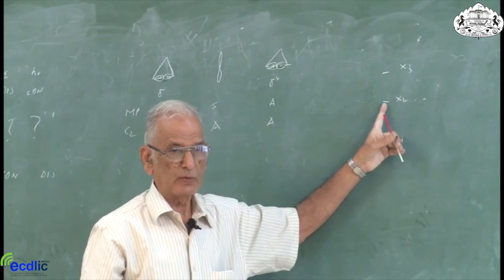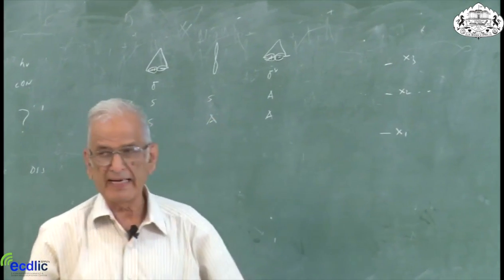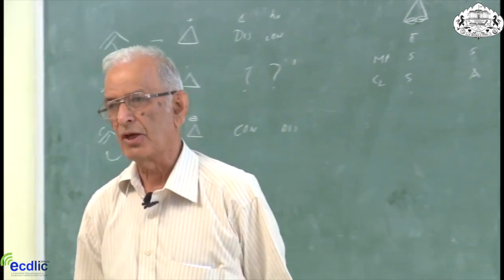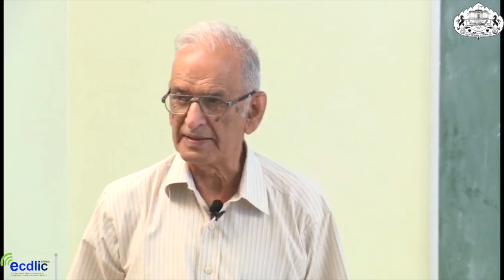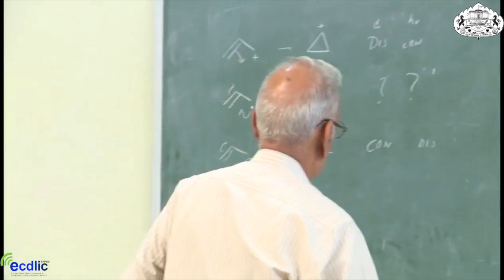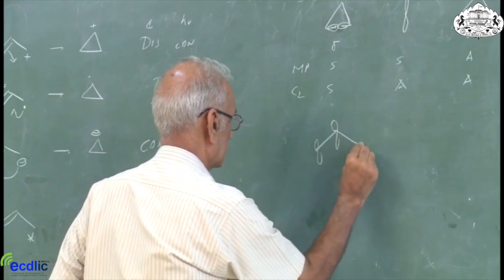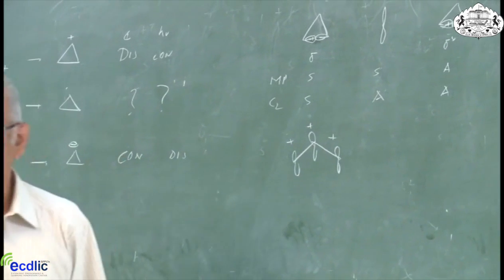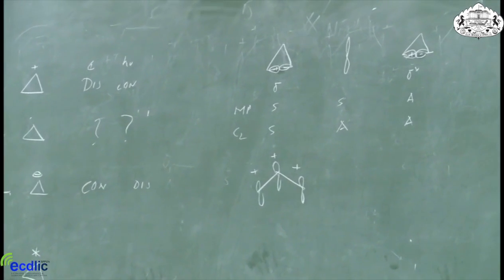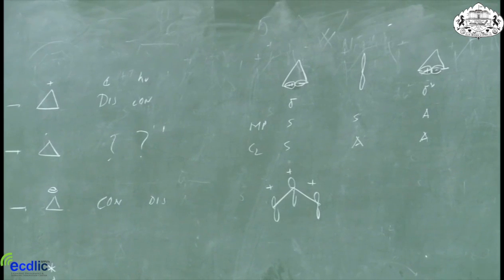X2 is equivalent to a non-bonding orbital, 1 bonding, 1 anti-bonding, 1 non-bonding. So, we must learn how to draw these orbitals. Okay. So, first orbital, that is your x1 orbital. What is the principle? X1 orbital has no node.